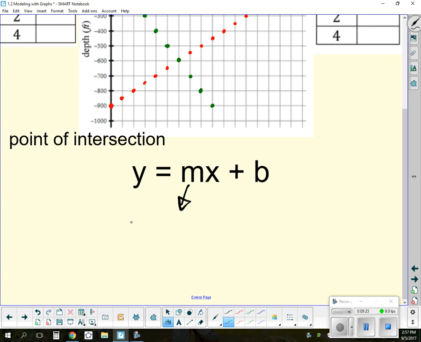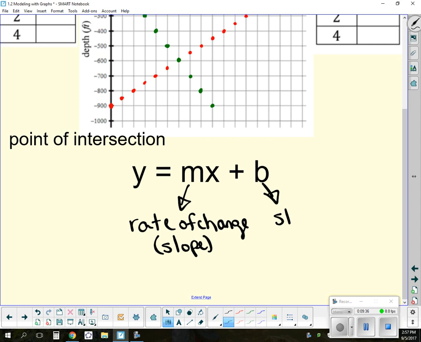M is your rate of change, also known as your slope. B is your starting point. Where are you beginning? Also known as your y-intercept.